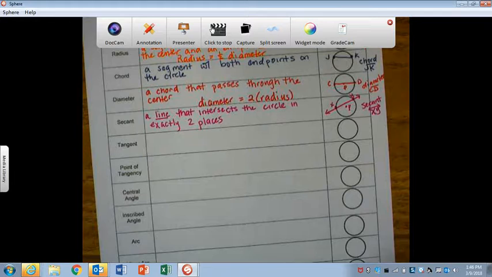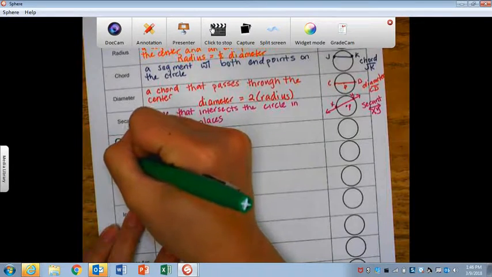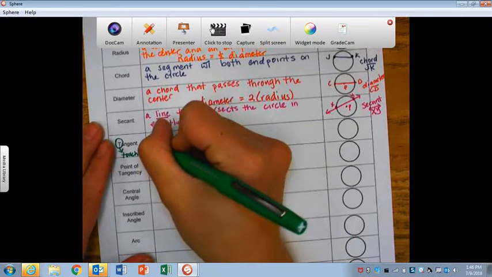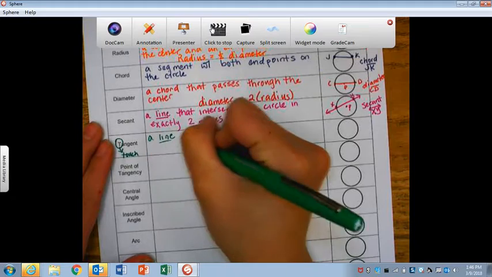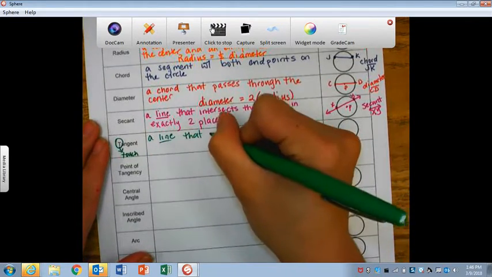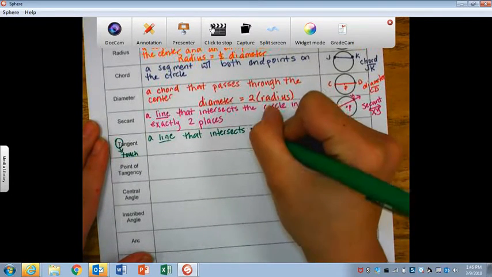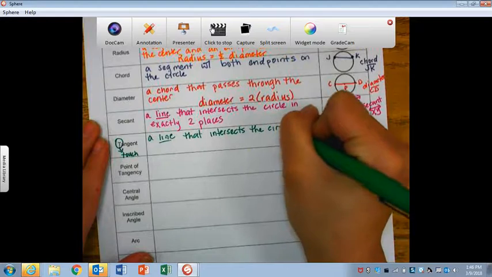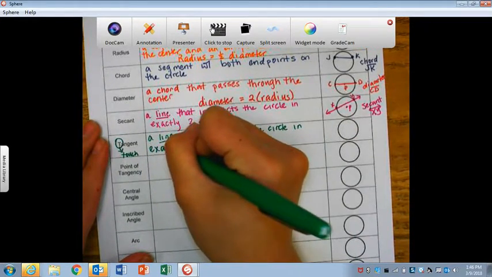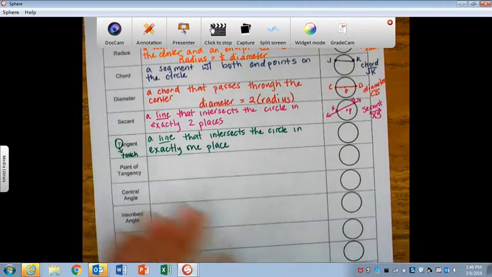Tangent, remember, touch. A line that intersects, or touches the circle in exactly 1 place. So here you go.